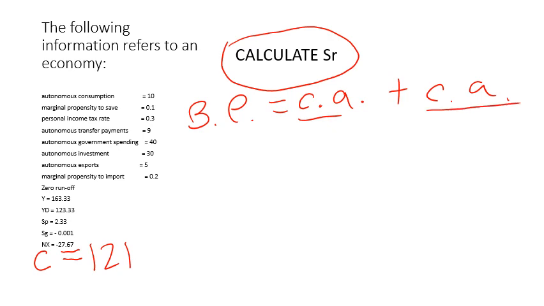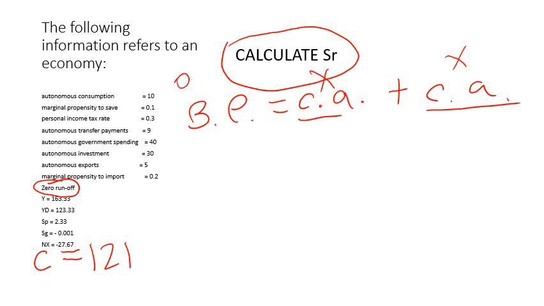Current account, this one here, is primarily exports and imports of goods and services. And this one here, the capital account, is primarily the trade in financial assets. All right? And again, given zero runoff, the balance of payments must equal 0.